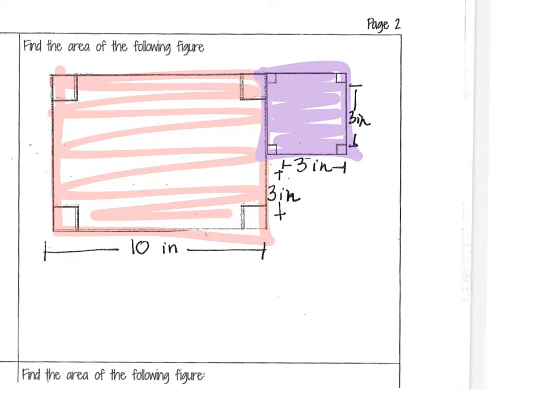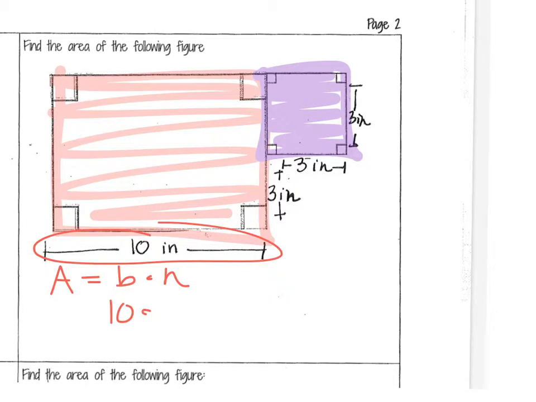So I'm going to find the area. The area of my rectangle is my base times my height. Here is my base of 10 inches, so 10 times. I'm given this little height right here, so halfway up is 3 inches, and then this other half is 3 inches.